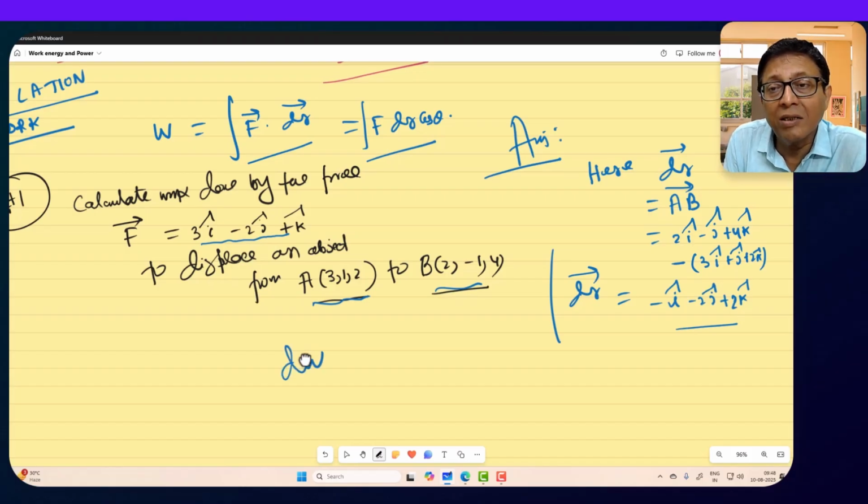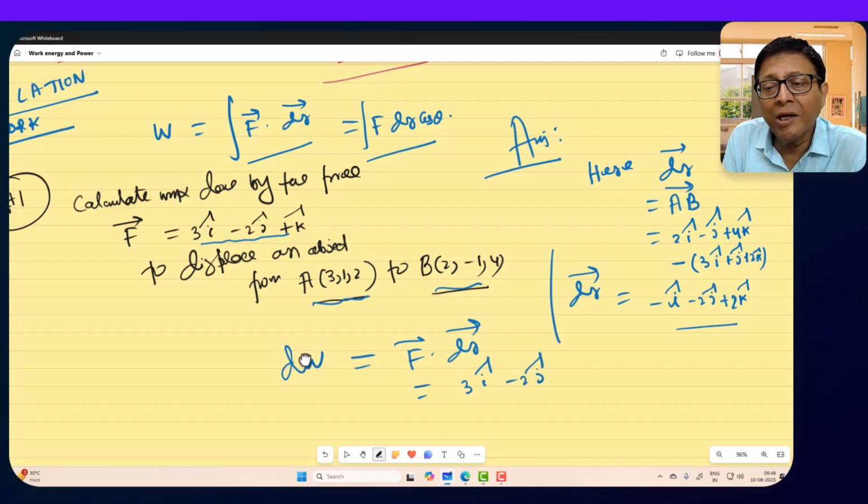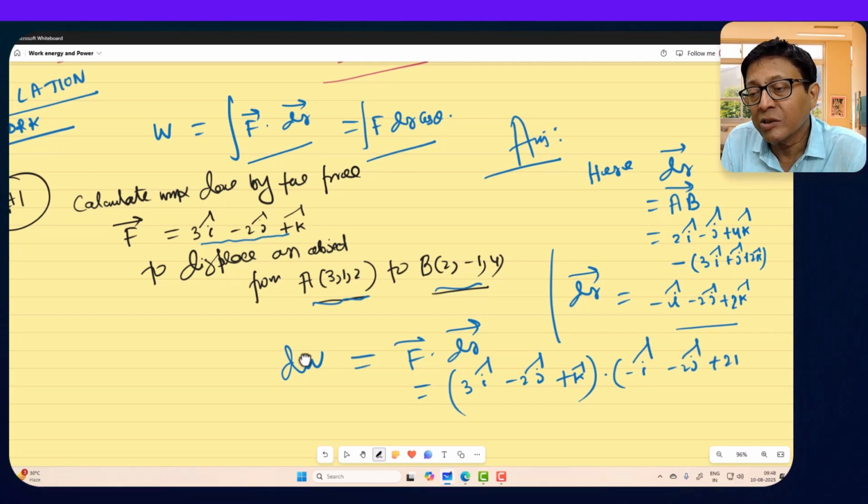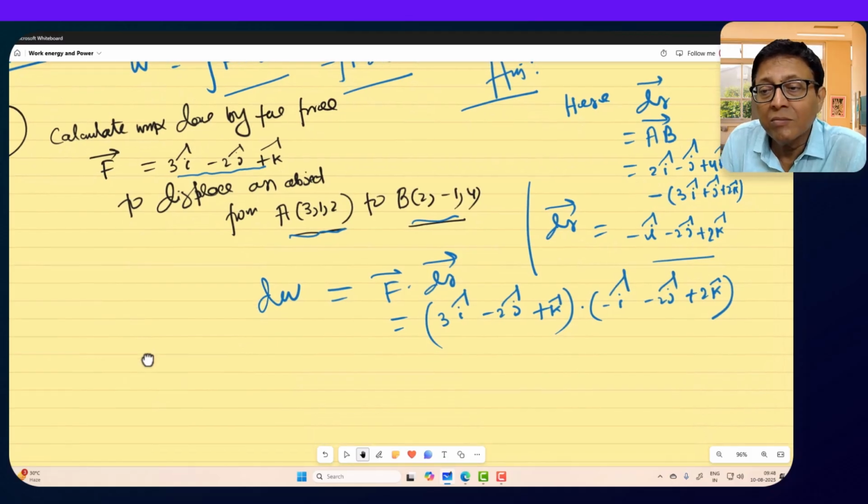This is dr. So work done will be what? dW will be F dot dr. This is 3i. We did not integrate here, nothing is variable. So this dot minus 2j plus 2k. Okay.